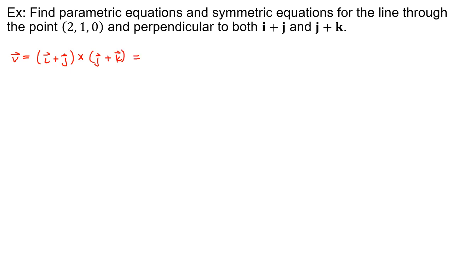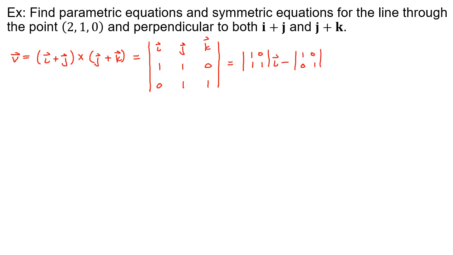So if I do my cross product for those vectors, I'll have i, j, k across the top. I plus j would be 1, 1, 0, and j plus k would be 0, 1, 1. And so I'd have the 1, 0, 1, 1 on the i, minus 1, 0, 0, 1. Ooh, an identity matrix for those of you in linear algebra.